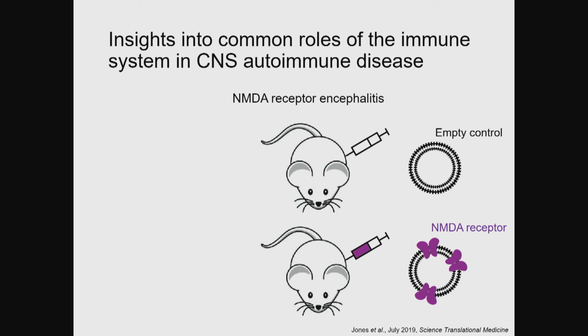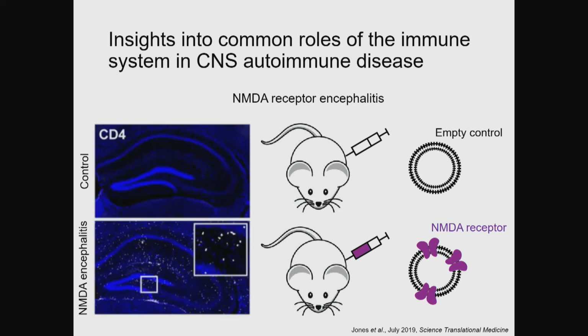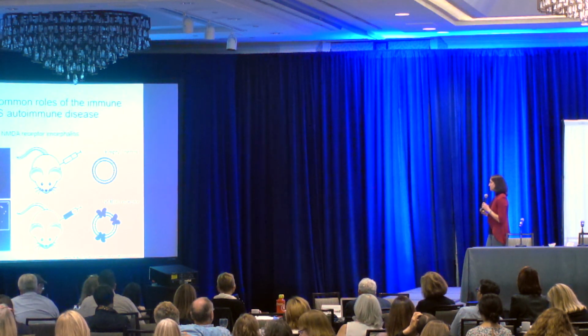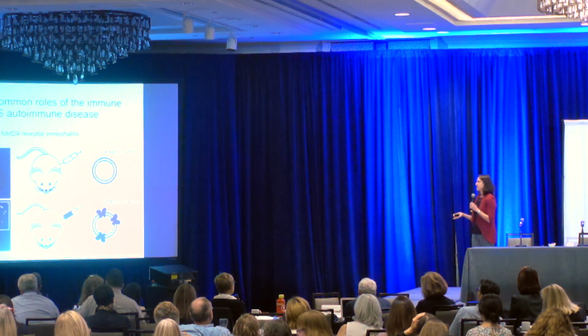And then they look at immune infiltration in the brain, and what they see in control mice is really no T cells, but in mice that were injected with these proteoliposomes, so the lipid droplets with the NMDA receptor, they see collections of T cells in regions of the brain that express NMDA receptor very highly.